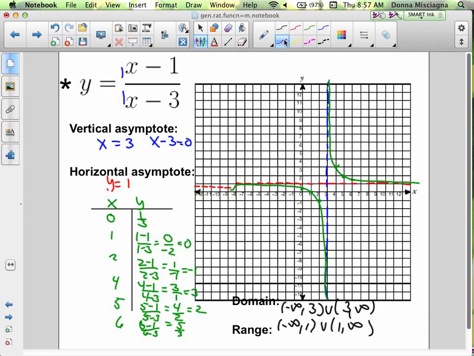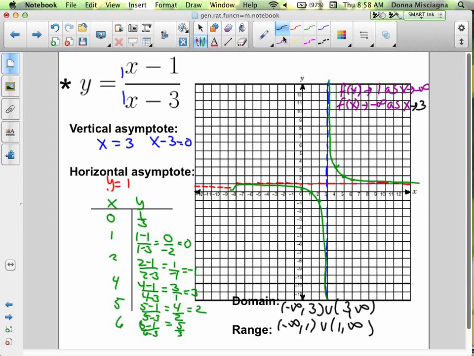All right, so f of x approaches the horizontal asymptote, which is 1, as x approaches negative infinity. This time it's approaching negative infinity as we approach that vertical asymptote as x approaches 3. X approaches 3. X never equals 3.